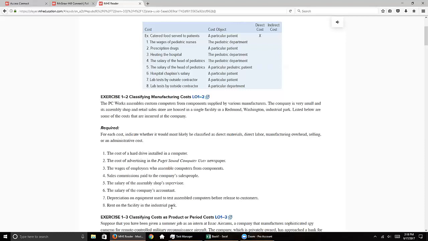But for our purposes, let's just assume it's half and half. Like literally half the building is the shop and half is the storefront. So if my rent was $1,000, I am literally saying I'd take $500 and that would become part of manufacturing overhead. And then the other $500 I would treat as a selling cost related to that retail front.